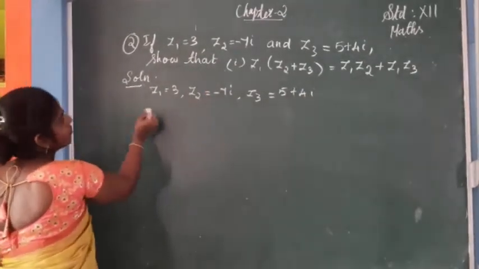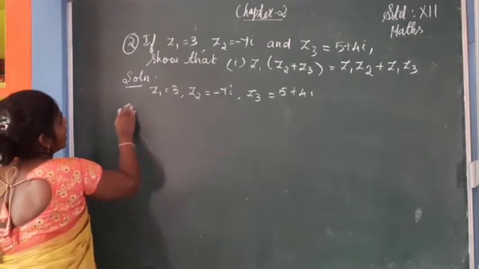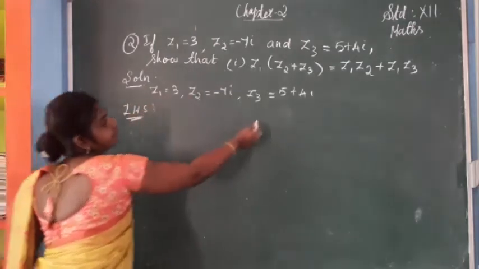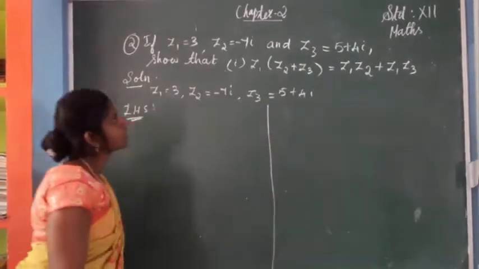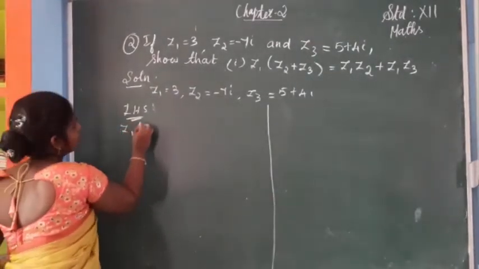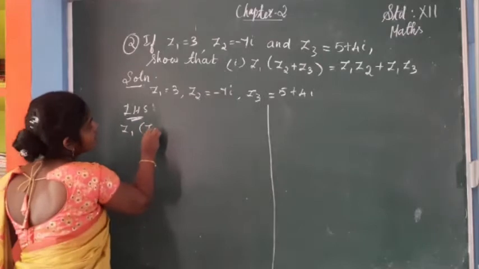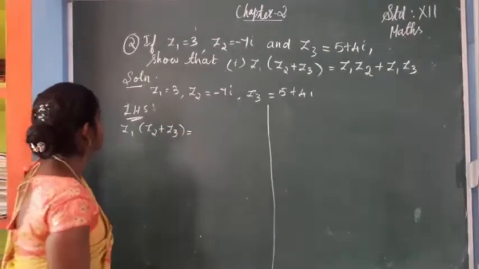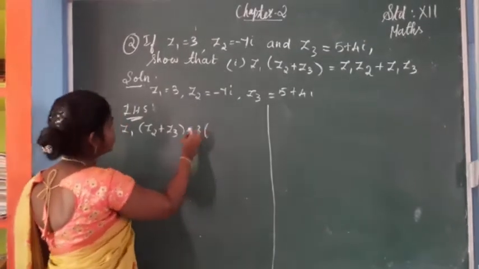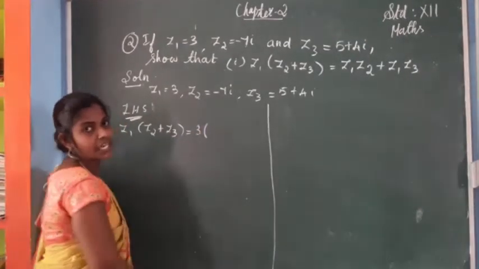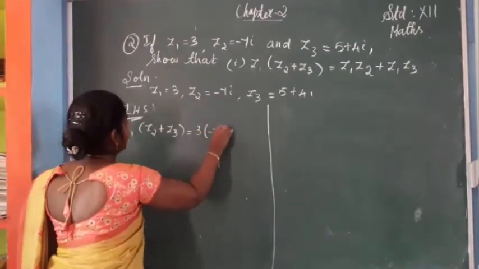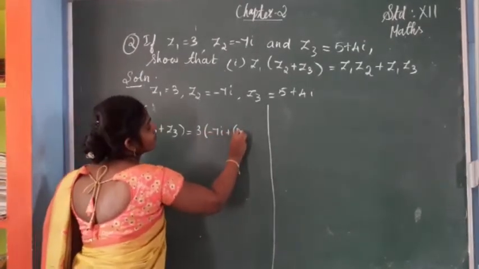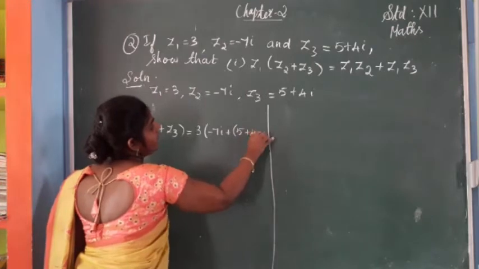Then we have to prove. Take the LHS value first. z1 into z2 plus z3 equal to z1 value is 3 into z2 value minus 7i plus z3 value is 5 plus 4i.